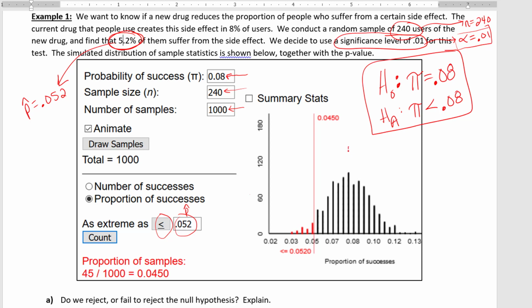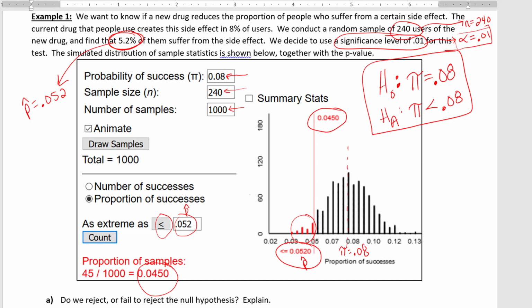The null distribution is centered at pi equals 0.08, and it's counting samples that are like our p-hat of 0.052 and smaller. So it looks like if the null hypothesis is true, that pi is equal to 0.08, then the probability of getting a sample like ours or less is 0.045. 4.5% of the samples are like ours or less. Okay, so that's all kind of review there.